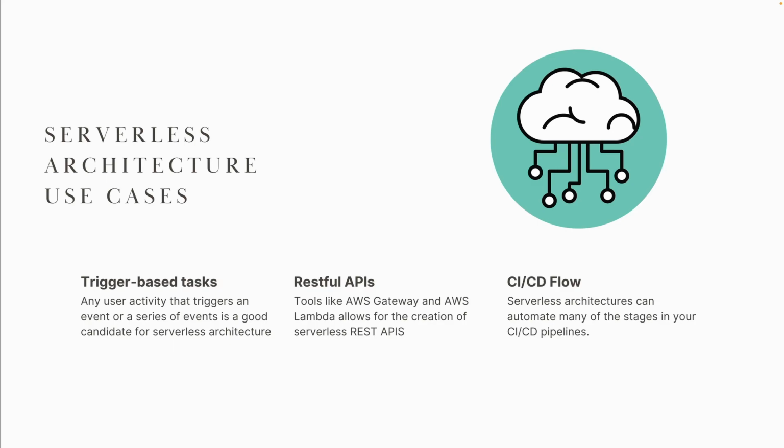And last but not least, we got the CI/CD flow, and it's something that I use a lot, right? So serverless architectures can automate many of the stages in your CI/CD pipeline. So I actually use this very recently a lot in Azure. You can provision CI/CD flows using just a simple YAML file. So you can have a GitHub where you store your code, and you can have specific branches that you have for deployment.